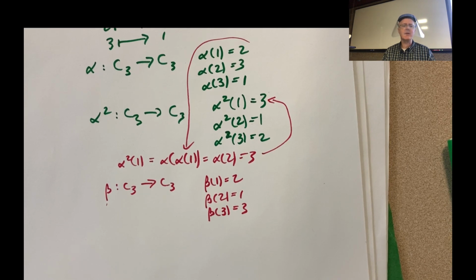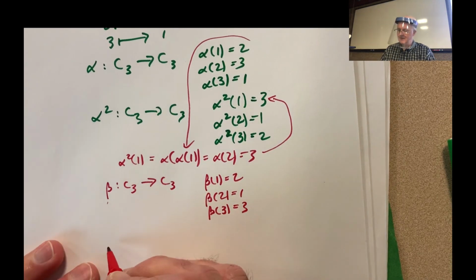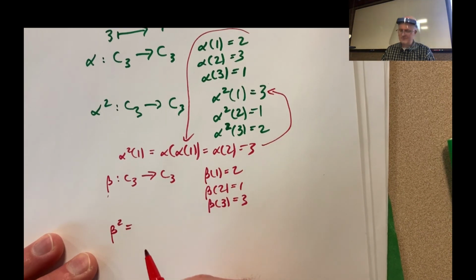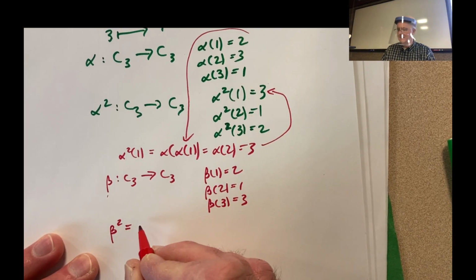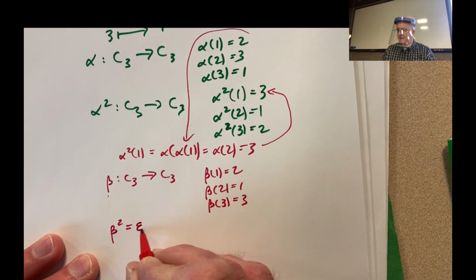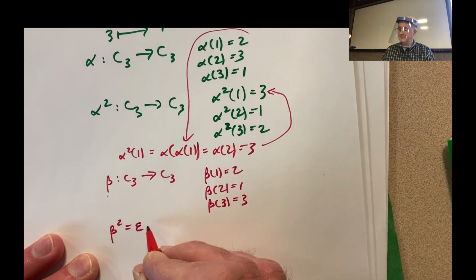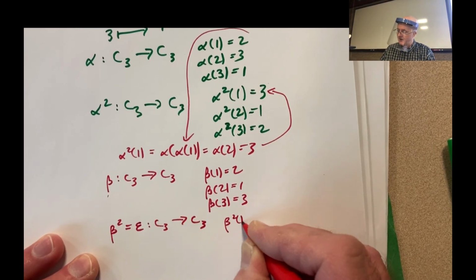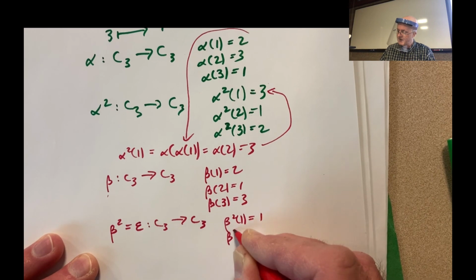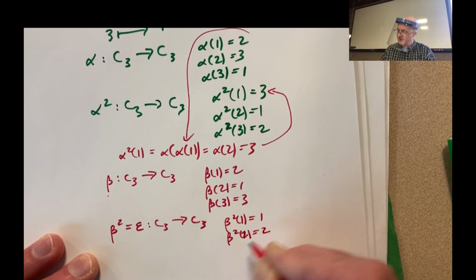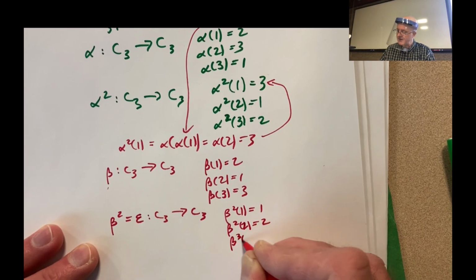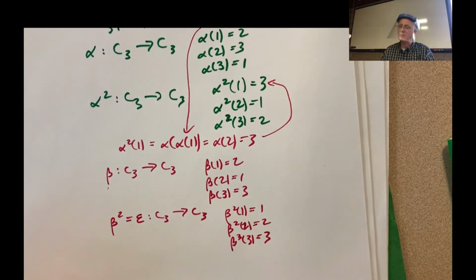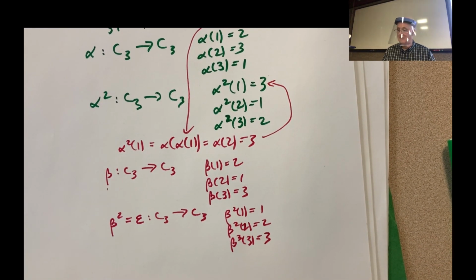What happens if I square that permutation? If I compose it with itself, I'm going to get the identity permutation. Beta squared equals E. Well, maybe since we're using Greek letters, we should use the Greek version of E, epsilon. Beta squared of every one of these numbers is itself. It's the identity permutation that leaves all numbers fixed. That corresponds to rotating by 0 degrees, or say not flipping at all.